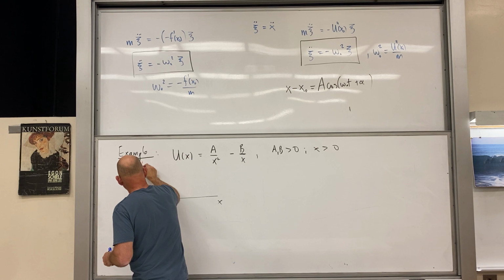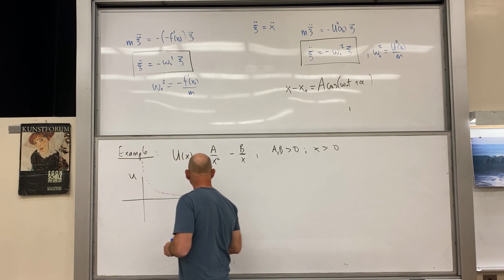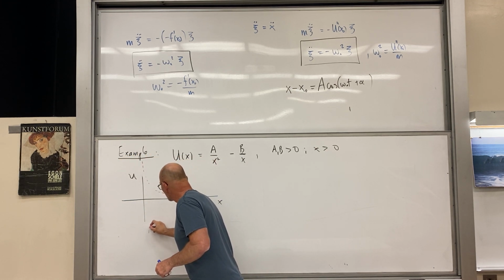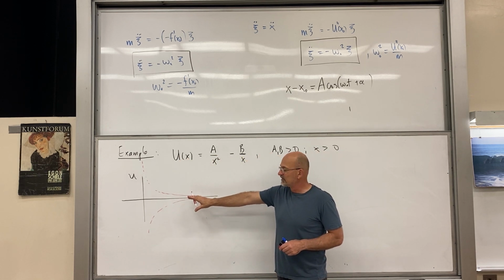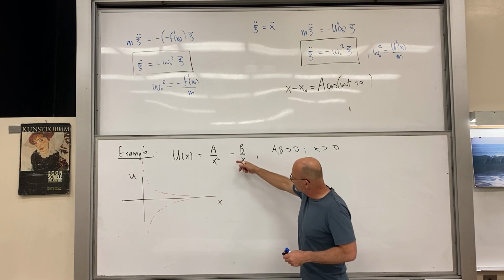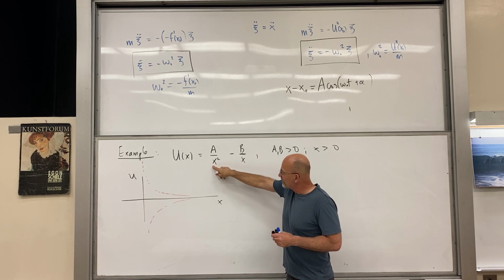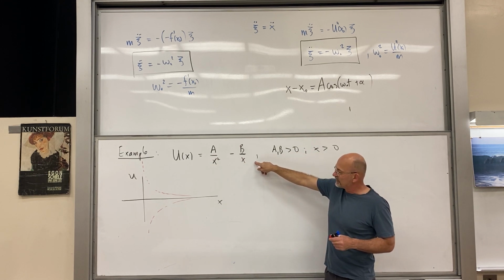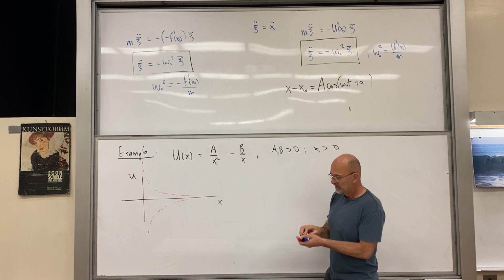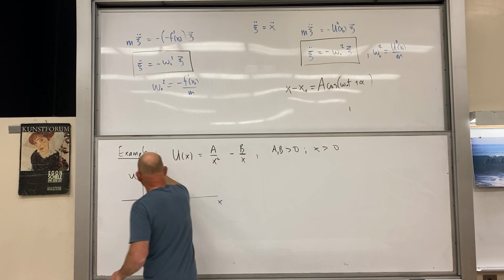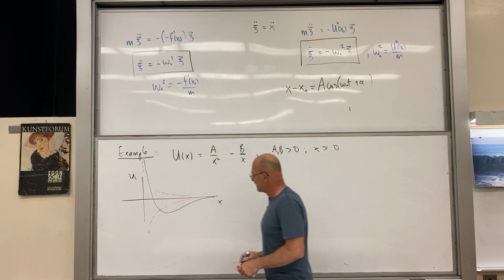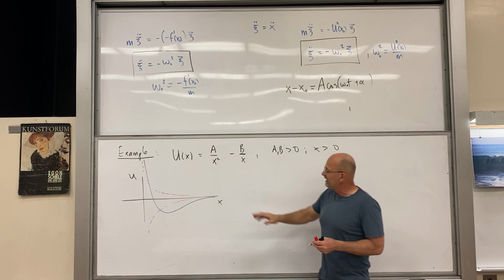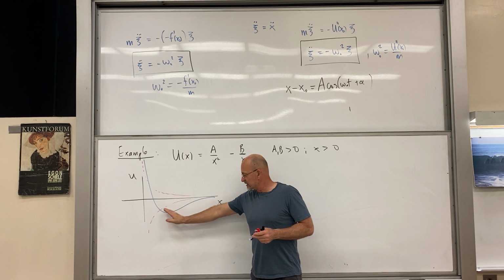So here's our 1 over x squared. Here's our minus 1 over x. You can't really tell which dominates just from graphing them here, but then you check the limiting behaviors. This one's going to dominate for small x, this is going to dominate for large x. Therefore, the graph is something like this. Comes under the axis. So there, once you succeed in graphing that, you see very clearly there's a local minimum there.